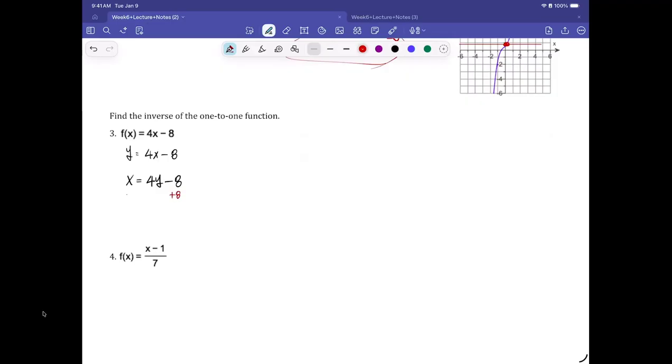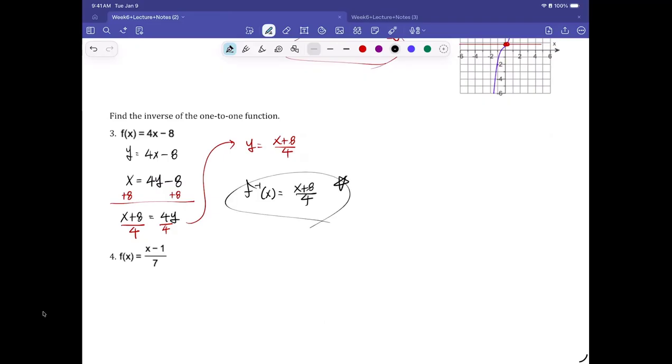So plus 8, and then divided by 4. So y is equal to x plus 8 over 4. And then the last step is the inverse notation. So the f inverse is equal to x plus 8 over 4. Okay.